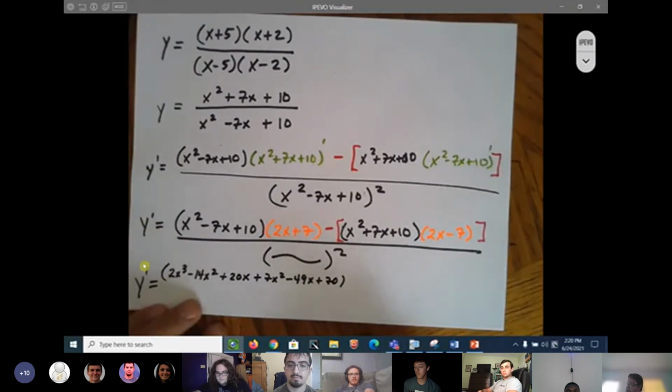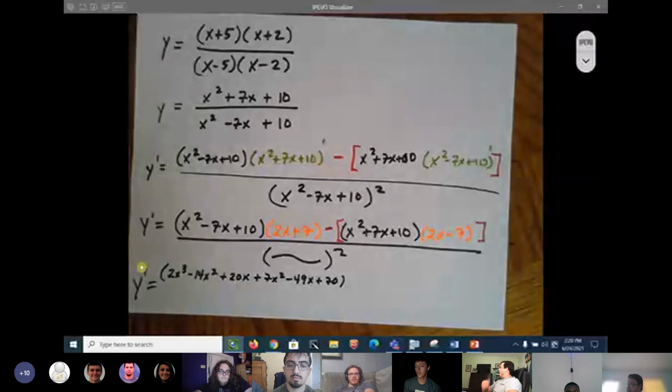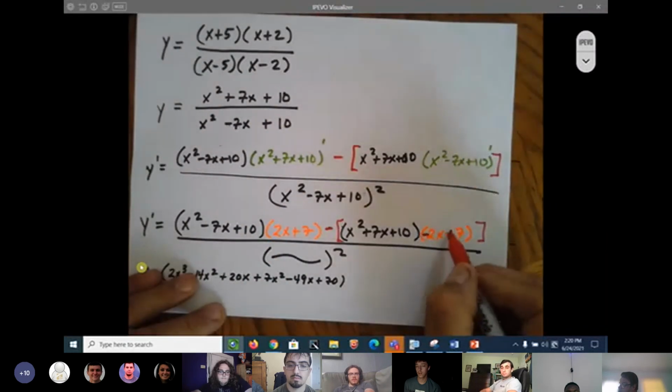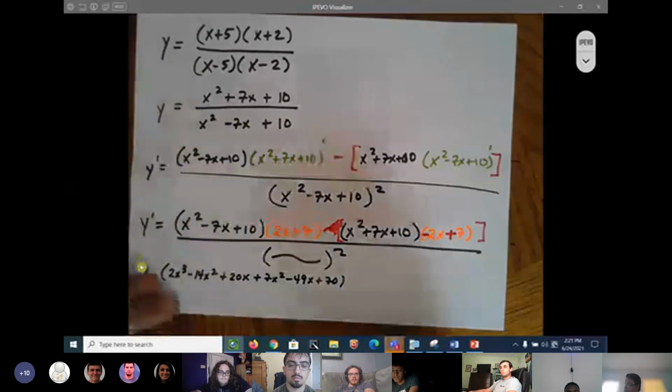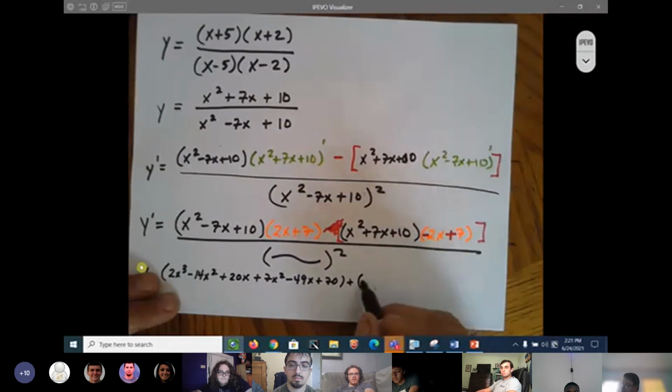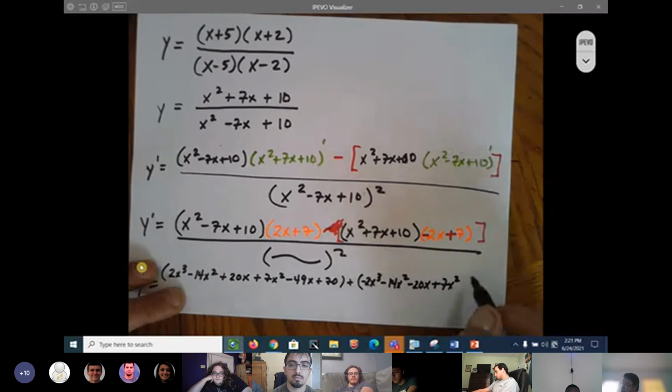And I'm going to take this negative and put it with this negative to make it a negative and a positive, and distribute that negative and positive. That's going to give me negative 2x to the third minus 14x squared minus 20x plus 7x squared plus 49x plus 70.